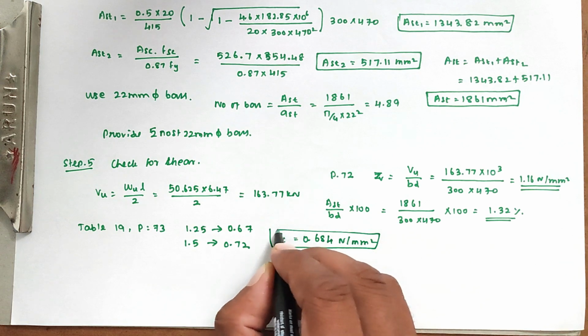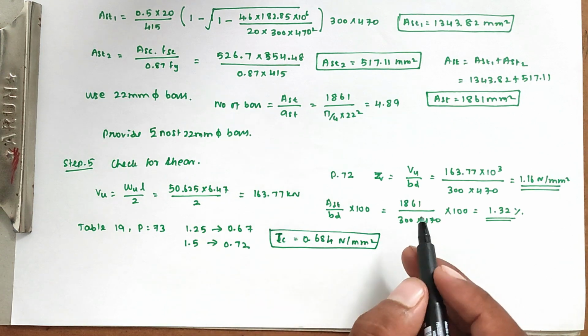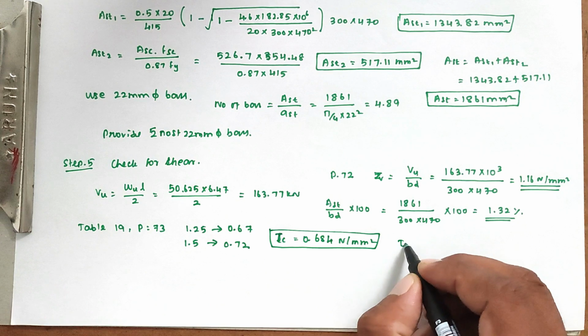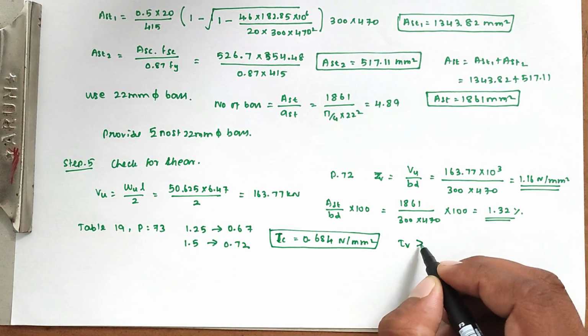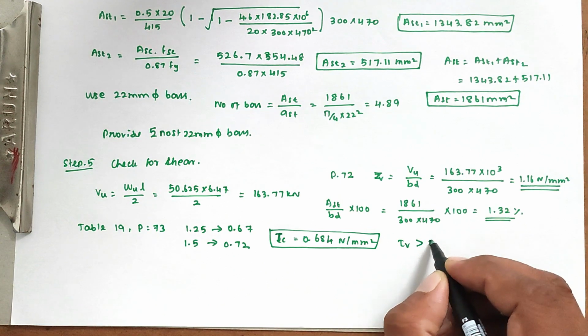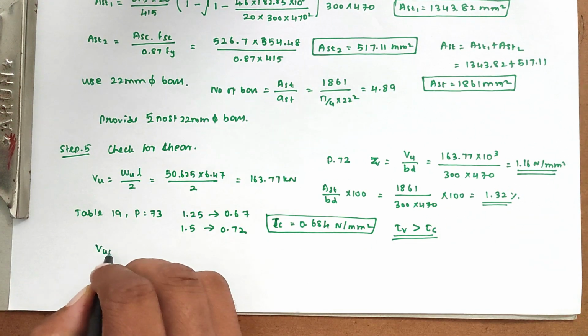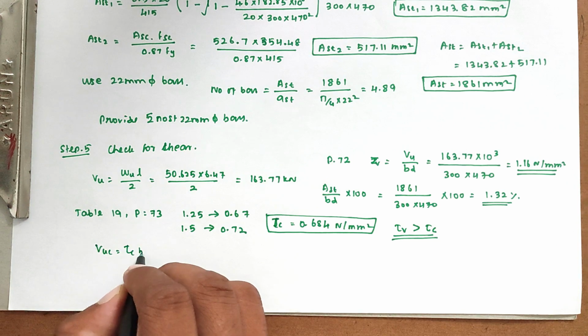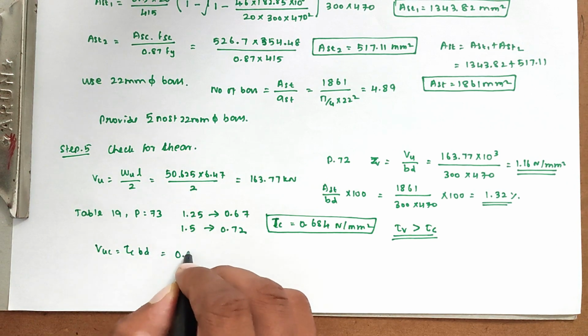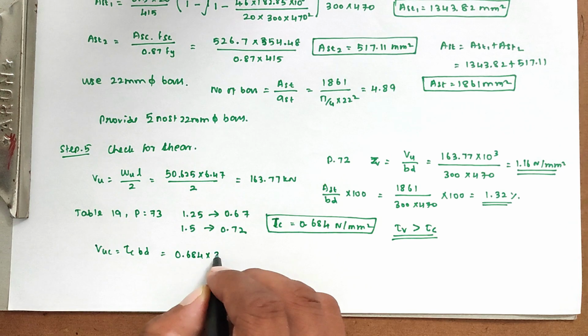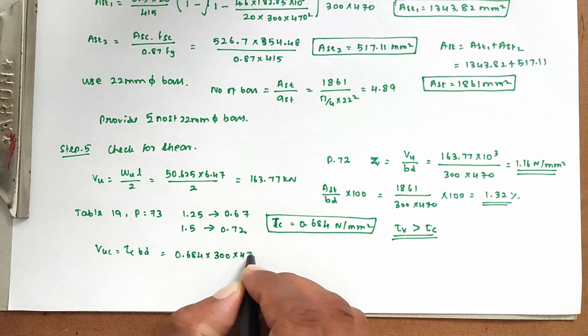So this is the tau c value, and that is the tau v value. So now tau v is greater than tau c, so shear design is required. VUC equal to tau c into BD. So now 0.684 into B is 300 into 470.